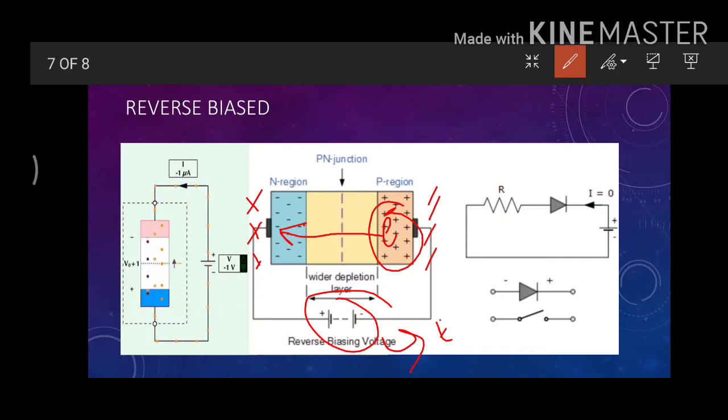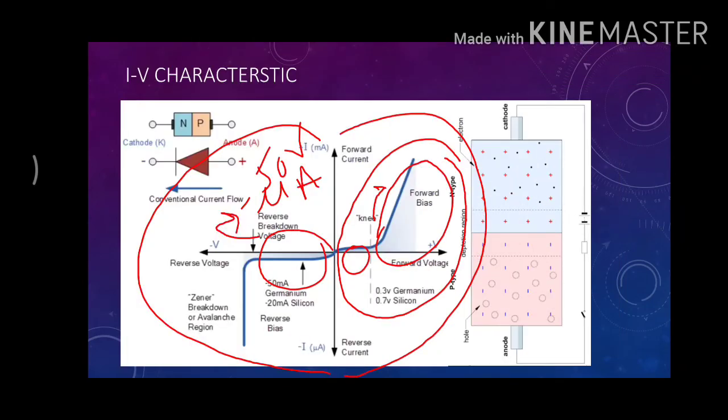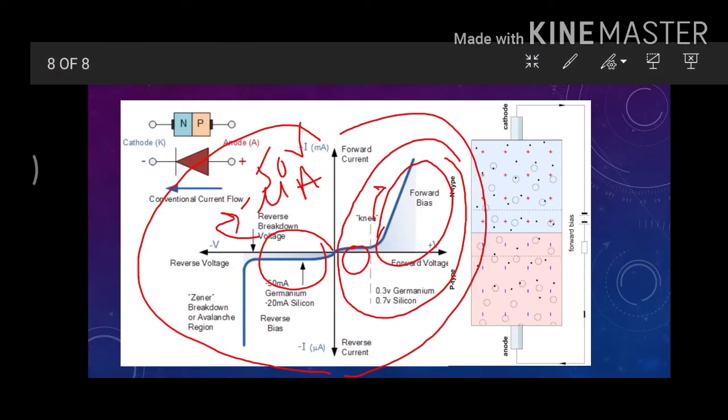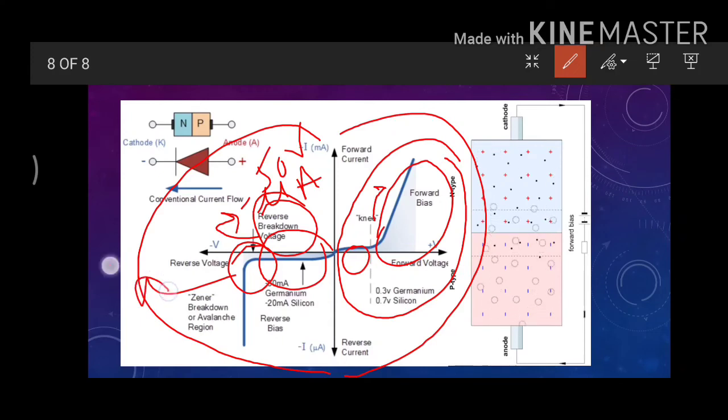The number of electrons increasing drastically causes a reverse breakdown, which you can see here, called avalanche breakdown. So what is avalanche breakdown? Avalanche breakdown is a reverse bias condition in which the external electric field increases so much that an electron gains enough energy to knock out electrons when it collides with atoms.